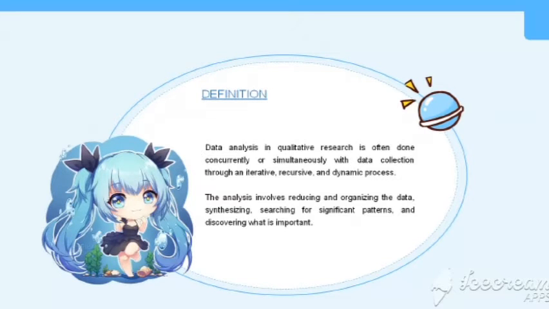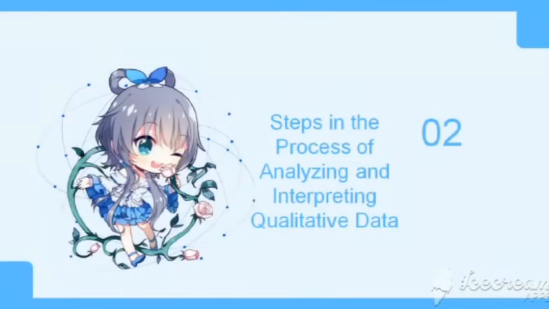Therefore, data analysis in qualitative research is time-consuming and also difficult because typically the researcher faces a massive amount of field notes, interview transcripts, audio recordings, video data, reflections, or information from documents, all of which must be examined and interpreted.